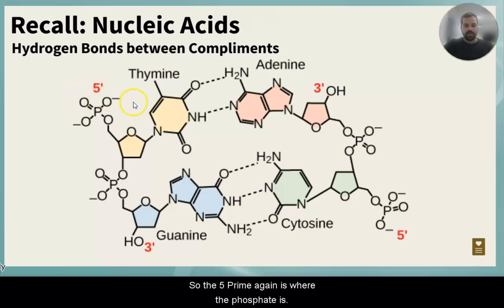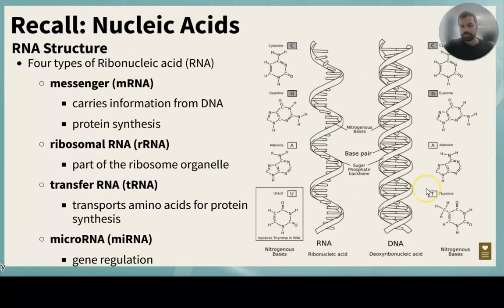So the 5' again is where the phosphate is. That phosphate will then connect over to another sugar, another pentose sugar, and that is how these nucleotides are built together. And we'll talk more about that. But note that there is a directionality, and the strands run in opposite directions, sort of anti-parallel.